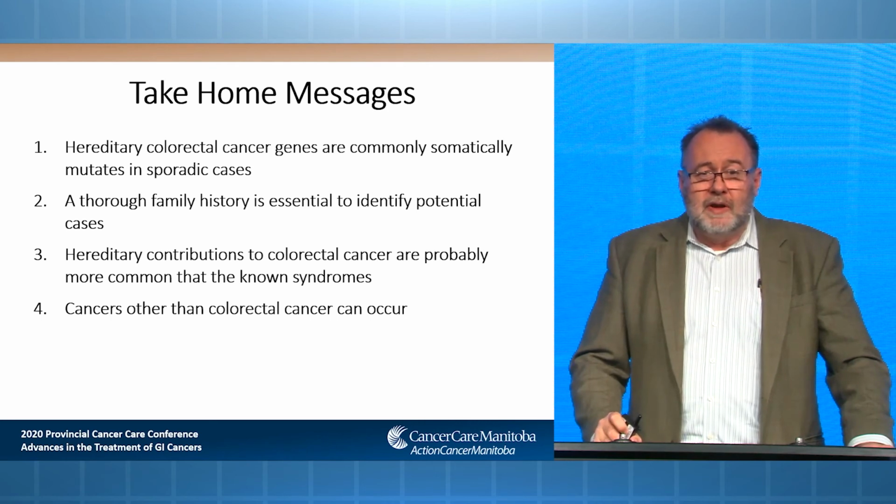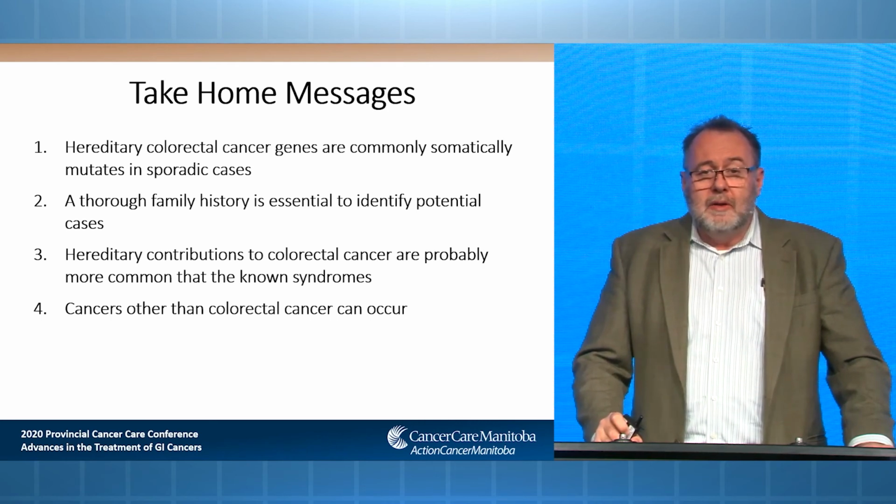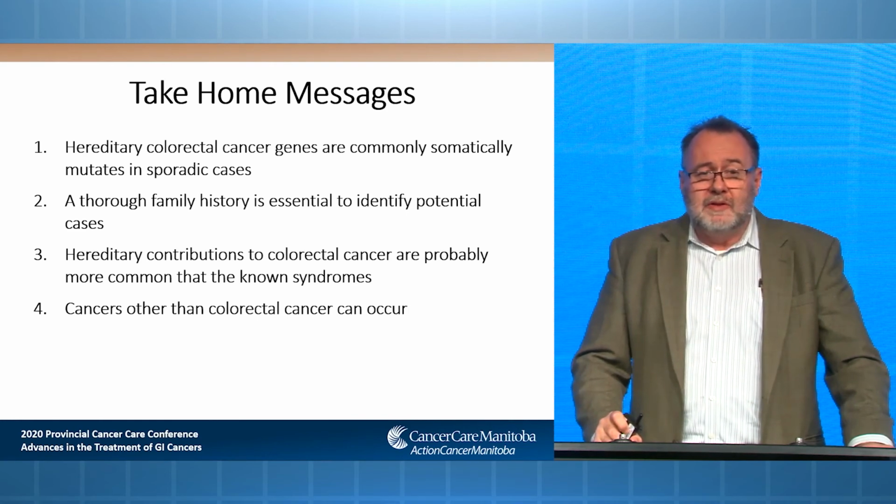Cancers other than colorectal cancer can occur in these germline syndromes, and once again, a thorough family history is needed to identify cancers that these patients might be at risk for outside of colorectal cancer. Thank you, and I'll be happy to take any questions.